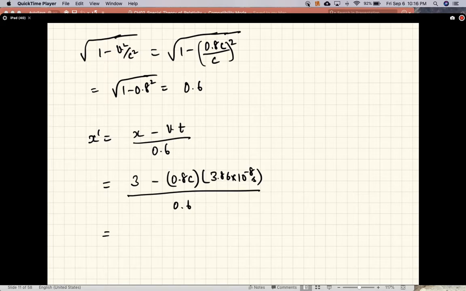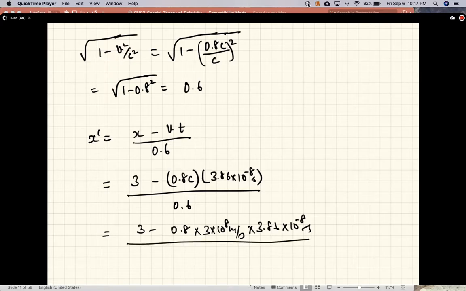This 10 to the 8 cancels, so it's 0.8 times 3 times 3.86.